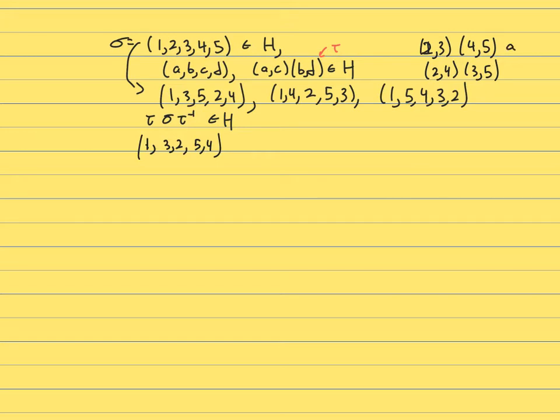So this would have been case A here. This would be case B. What would you get there? You would get 1, with 2 and 4 switching places, and 3 and 5 switching places. And then the last one, case C, you'd have 2 and 5, 3 and 4, in which case you'd have 1, 2 and 5, 3 and 4.